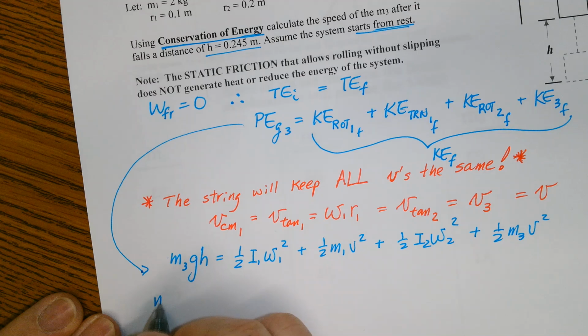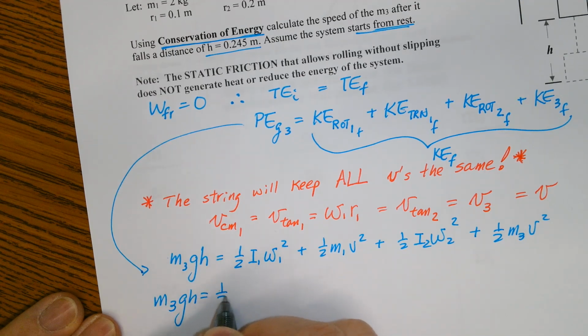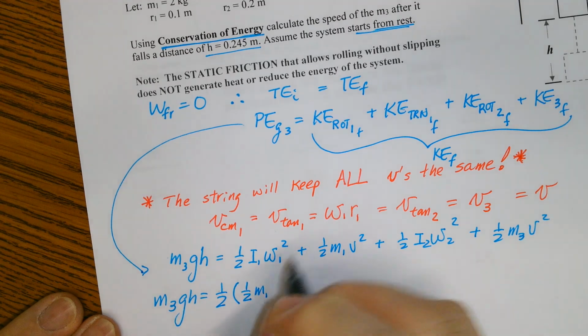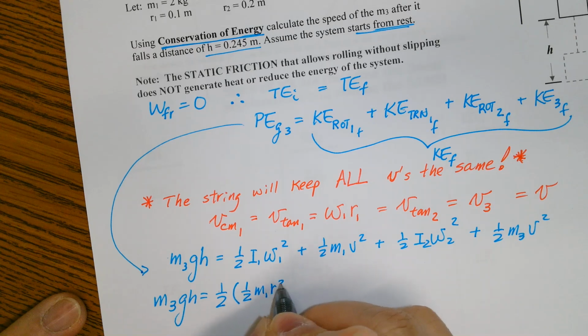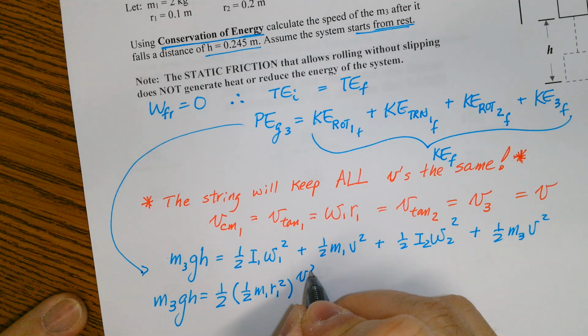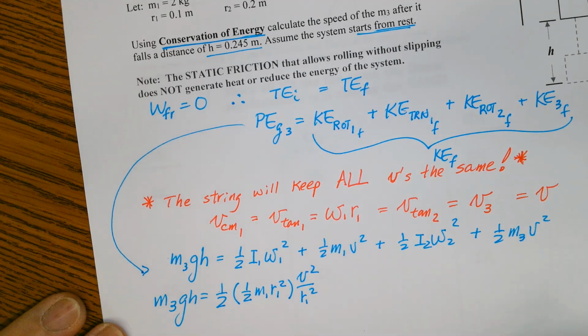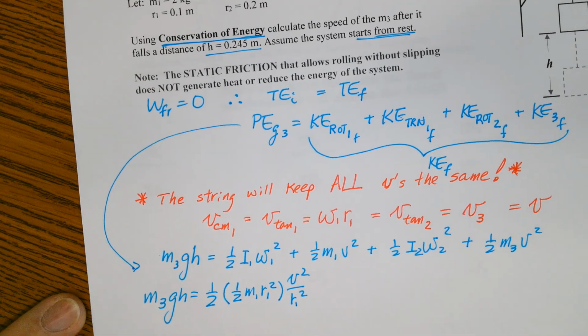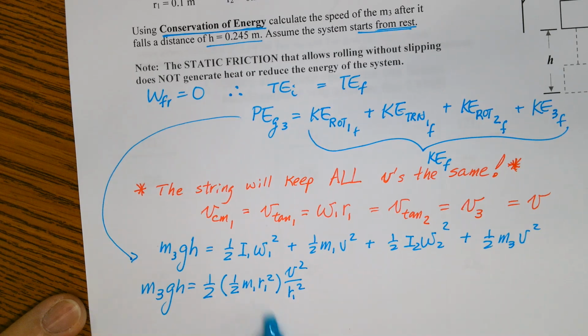So here I have M3GH is equal to 1/2 times 1/2 M1 R1 squared times V squared over R1 squared. So notice what happens to my R1s.